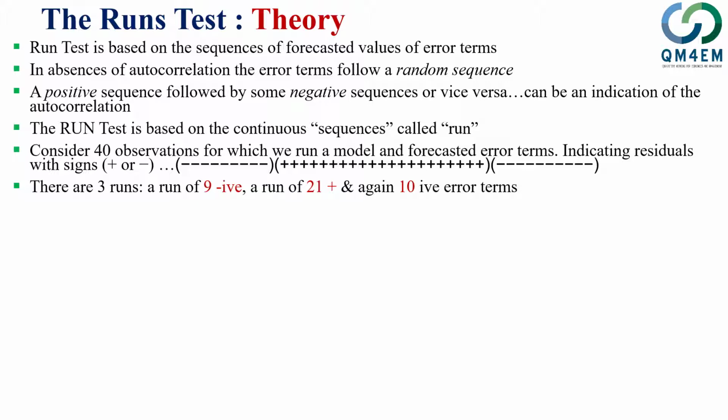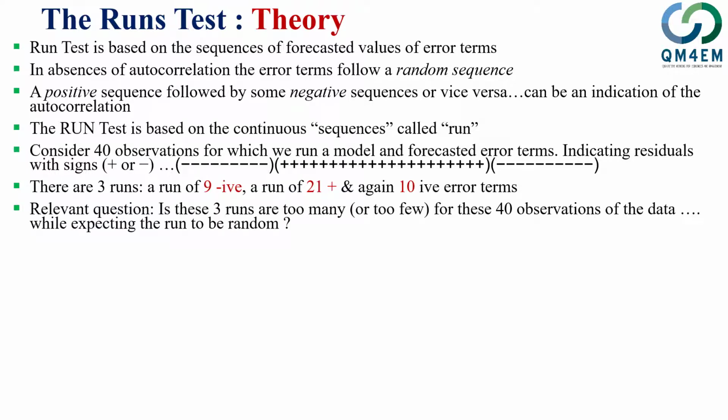Now the relevant question for the run test is whether these 3 runs are too many or too few for these 40 observations, while expecting the runs to be random.